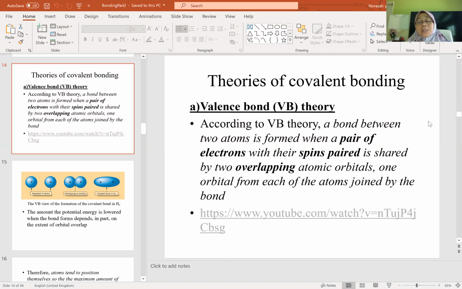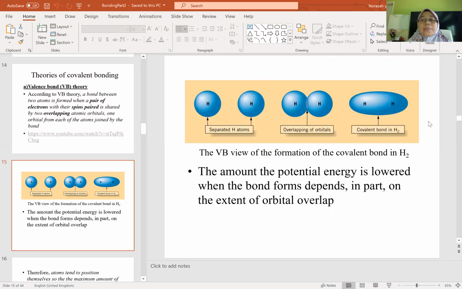Imagine the orbitals, for example, in hydrogen gas. One atomic orbital, 1s, from the first hydrogen and another 1s from the second hydrogen. This is originally what we call the atomic orbital for hydrogen 1s.